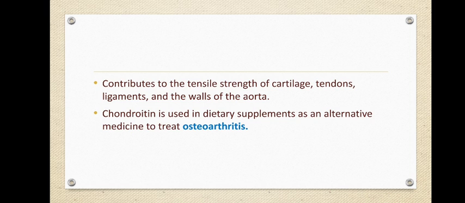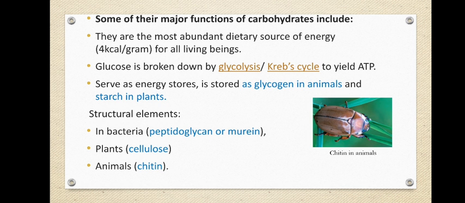It is used as a dietary supplement to treat osteoarthritis. Joint inflammations are generally seen in aged people, but there are also certain immune disorders where arthritis might appear. In osteoarthritis, chondroitin sulfate is used as a dietary supplement.